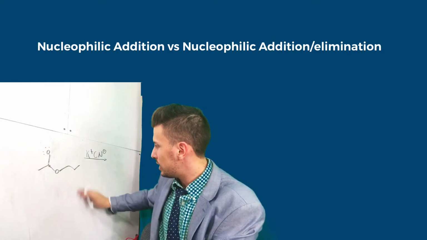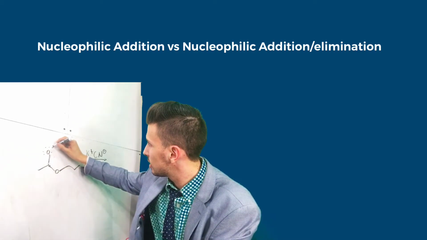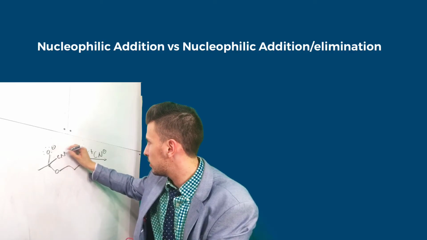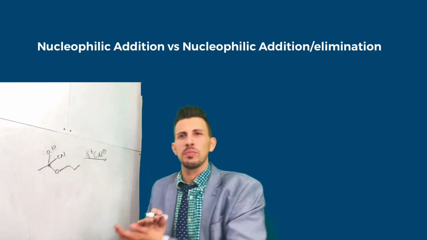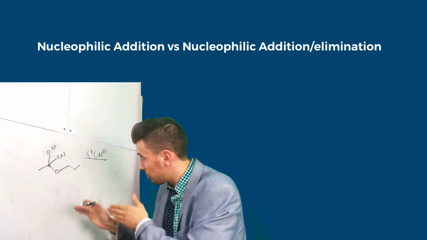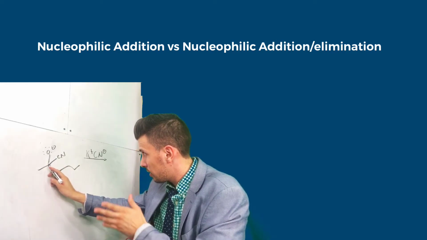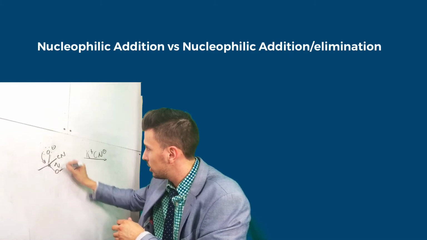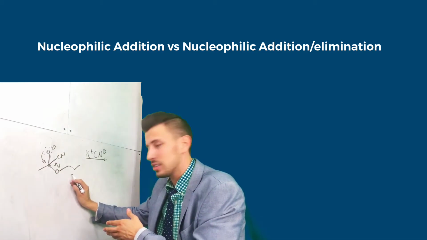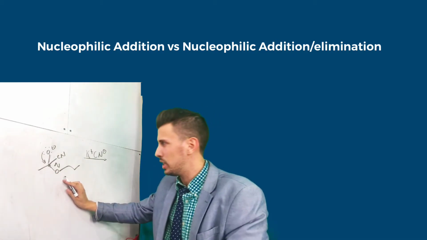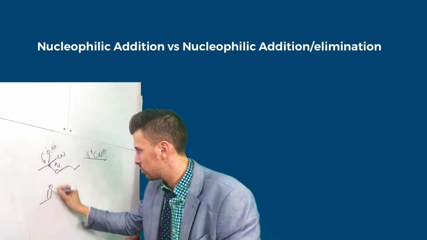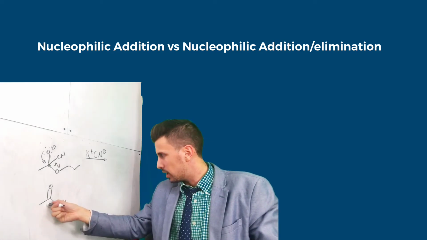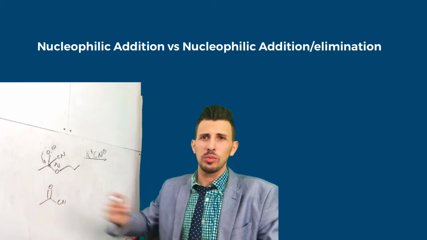What do you anticipate to happen next when you form the tetrahedral intermediate? You want to focus on the fact that it does have a leaving group, and so when you reestablish this pi bond, you kick out this alkoxy group, which means you end up with the cyano group on the carbonyl.